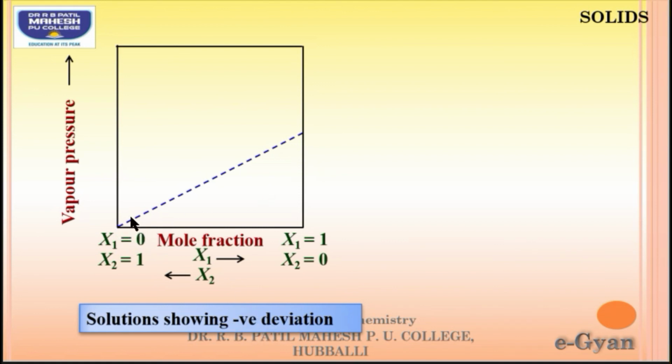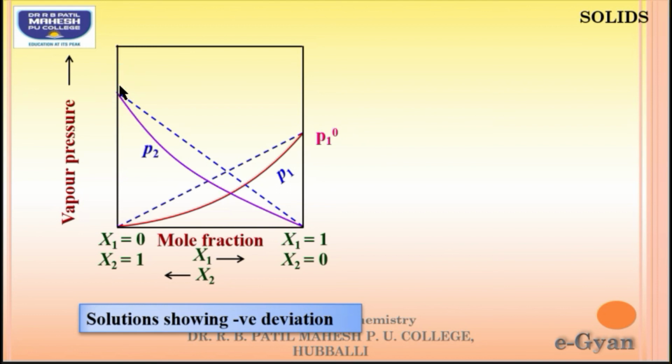So slowly the pressure will be less than that expected for the first one, and it will go on decreasing. In the second case, the partial pressure for component 2, that is P2, was expected to be a straight line, but due to the negative deviation it is going to show slightly less.